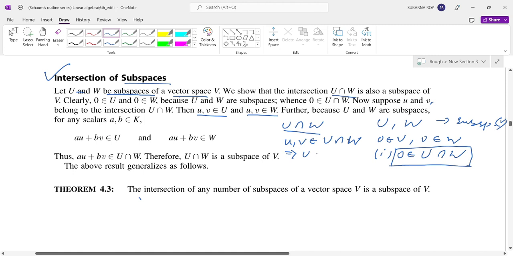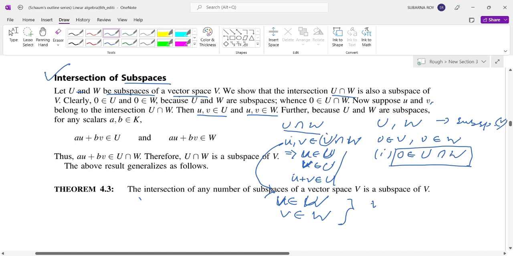This implies that u belongs to U and to W, and v belongs to U and to W. So u and v are contained in both U and W. First we take u, v contained in U.